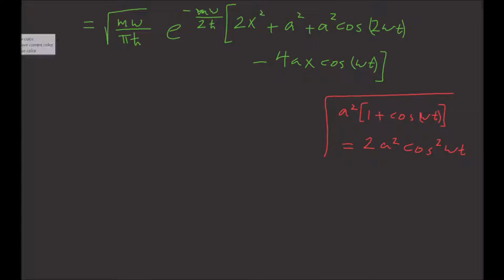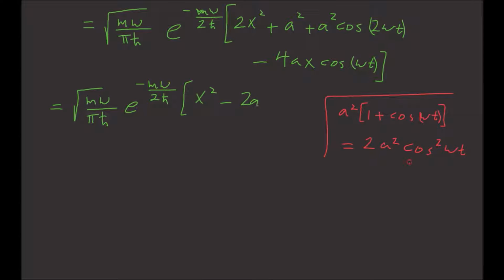So this is going to give us the square root of m omega divided by pi h bar times e to the minus m omega divided by 2 h bar to the power of x squared minus 2ax cosine omega t plus a squared cosine squared omega t.